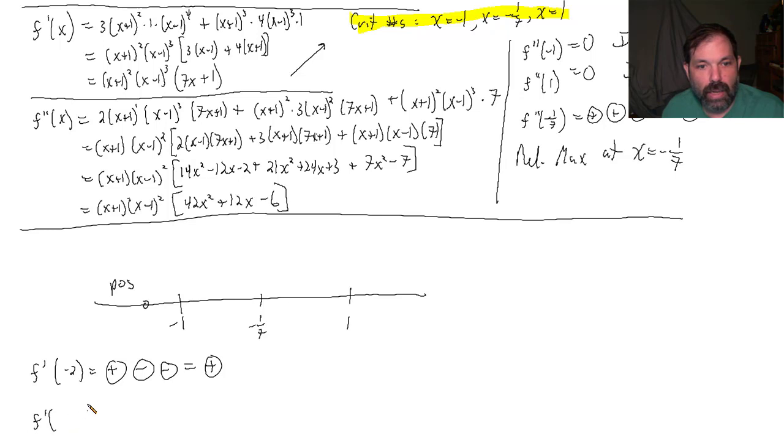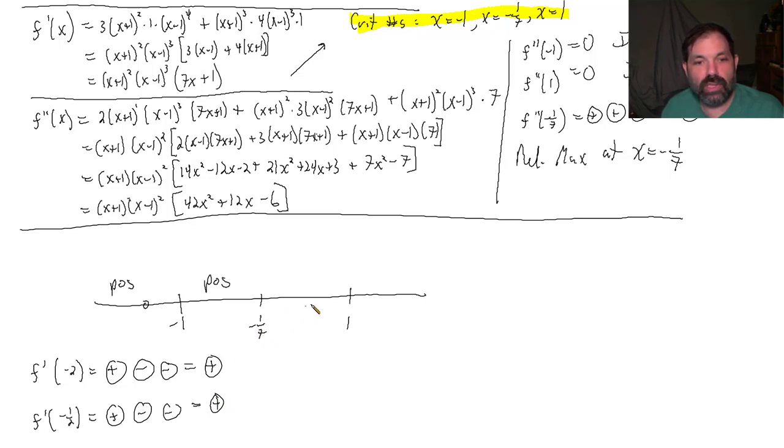F prime at, what's a number between -1/7 and -1? How about -1/2? -1/2 plus 1 squared, that would be a positive. -1/2 minus 1 cubed, that would be a negative. 7 times -1/2, that would be -3.5 plus 1 is a negative. Again, positive.